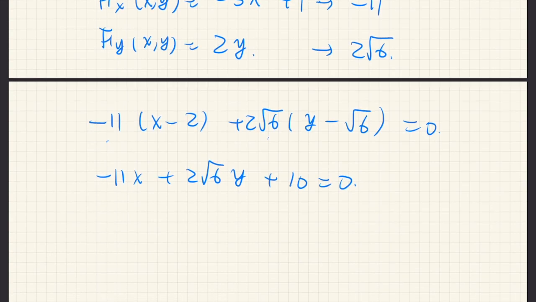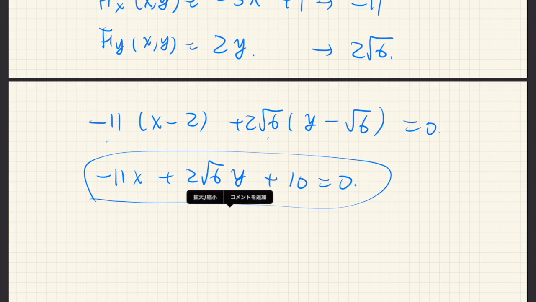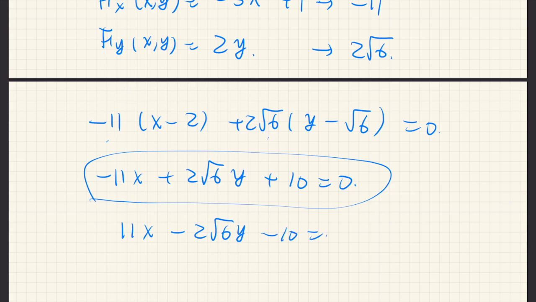Okay, so this is the equation of the tangent line. Let's make the coefficient of x positive, so that is 11x minus 2 square root of 6 y minus 10 equal to 0.